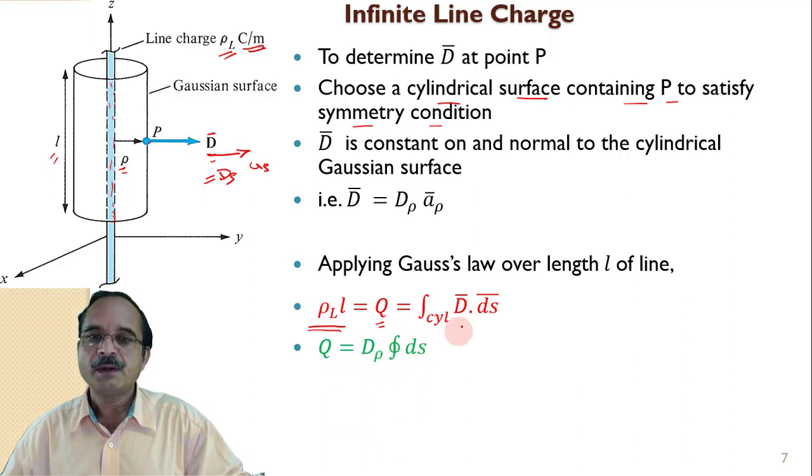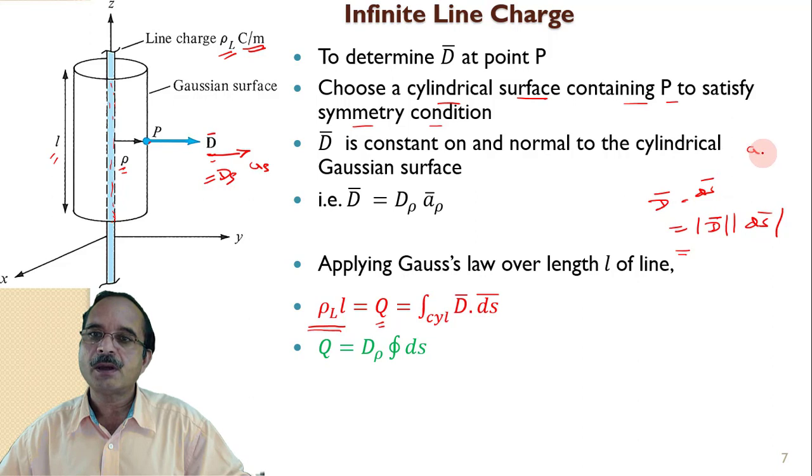Now Q equals the integral of D dot ds. Similar to the previous case, D dot ds is equal to the magnitude of D into the magnitude of ds, because D and ds are in the same direction.